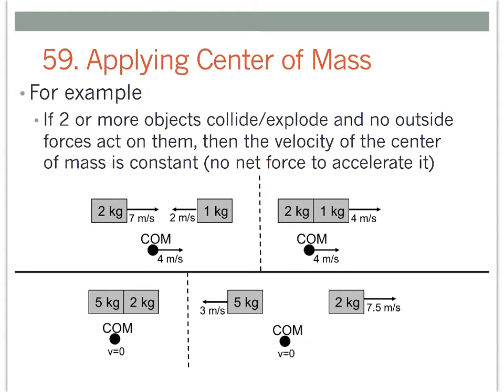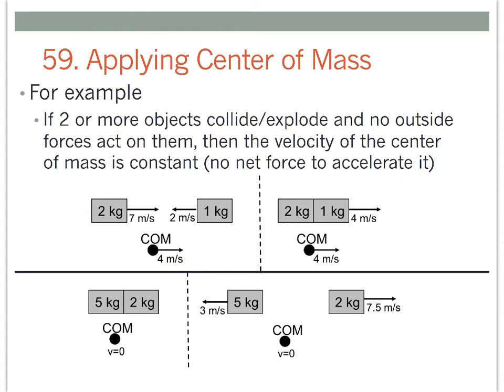One final application of this, and the one that's most relevant to what we're talking about now, is that in a case where two or more objects collide or explode and no outside forces act on them, the velocity of the center of mass of the system is constant, because the acceleration of the system is zero since we don't have an outside force. If we take a look at this scenario where two objects are colliding, they're moving towards each other initially, and the velocity of their center of mass is 4 meters per second.